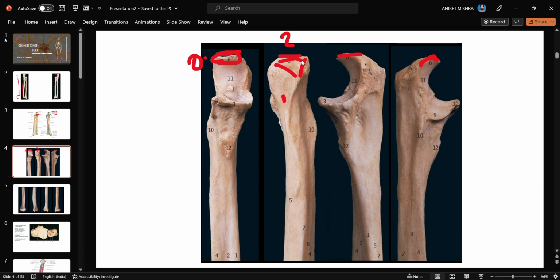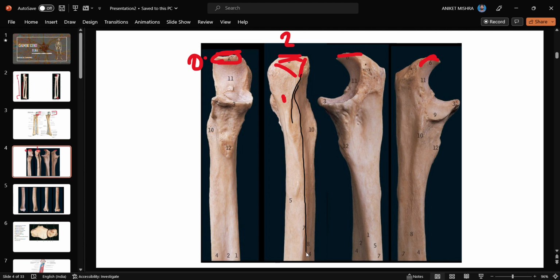And when we come down, it is continuous with, let me change the color, the posterior border of the shaft of the ulna.